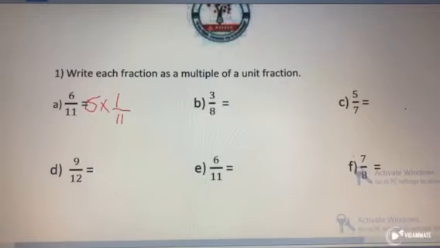Now 3 over 8. Again, I will take the numerator and write it as a whole number. This will be 3 multiply a fraction with numerator 1. This will be 1 over 8, the same denominator.